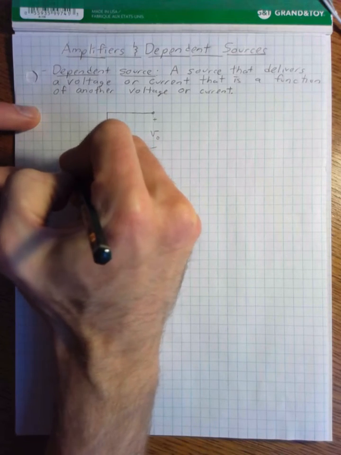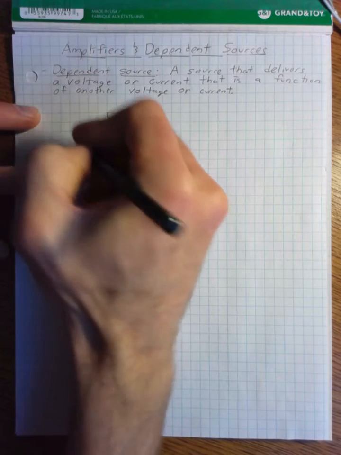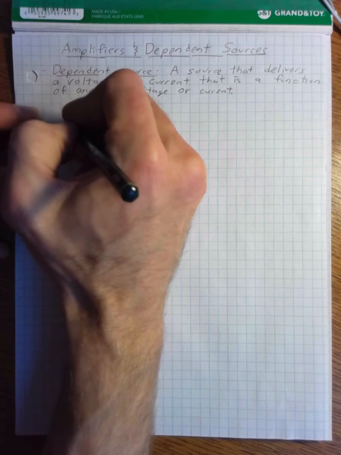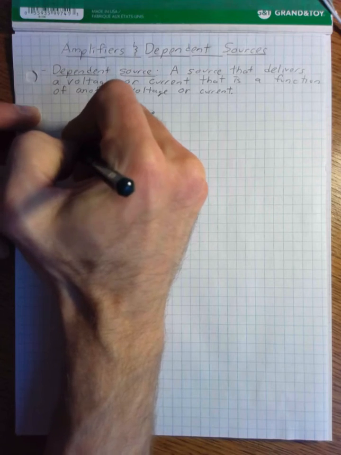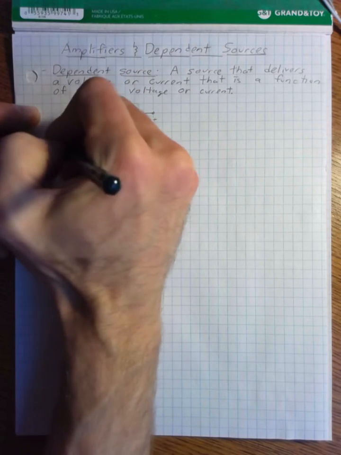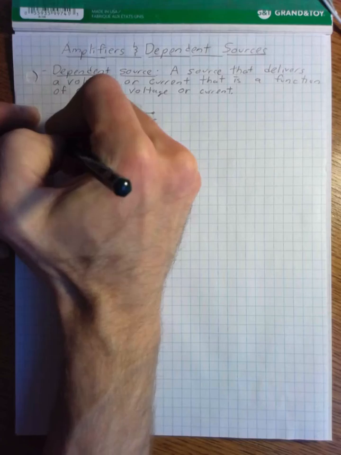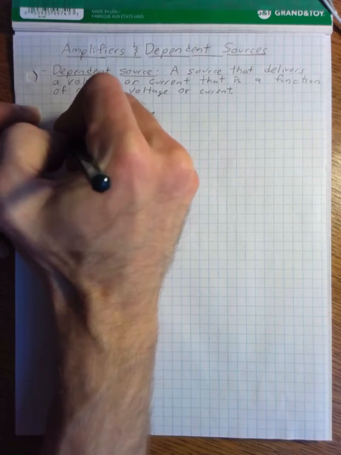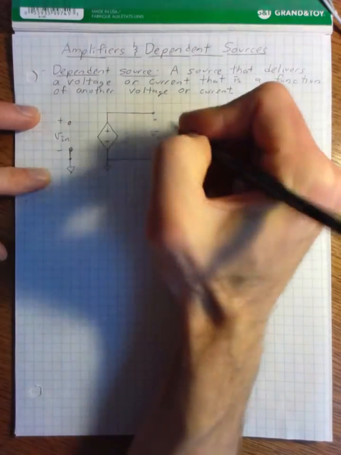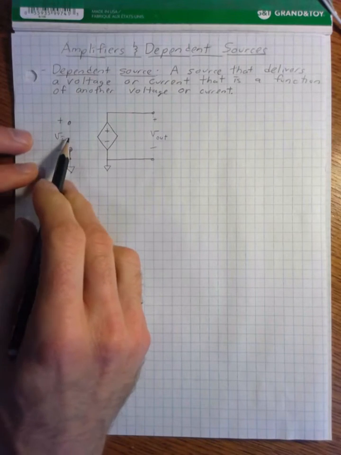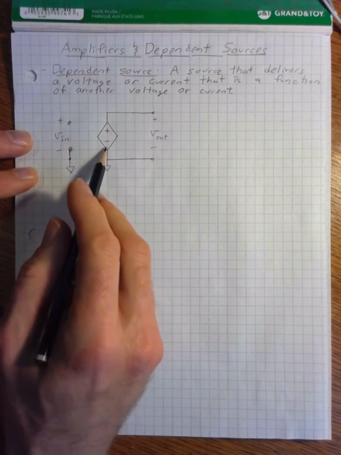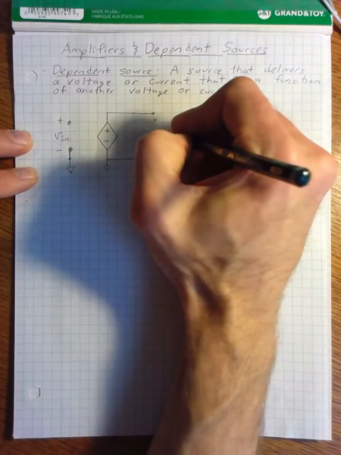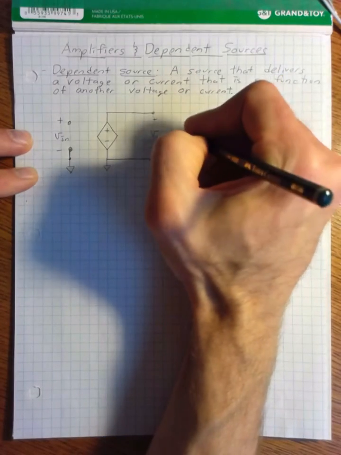Somewhere else in the circuit, I'll draw this like this, we've got another voltage source. I'm going to call it V in. Call this V out. And V in basically controls the voltage of this dependent voltage source according to the following equation.